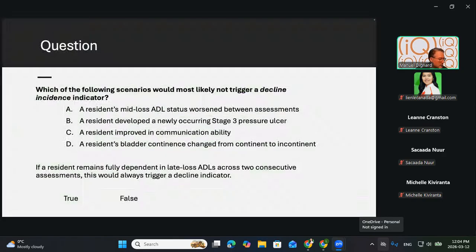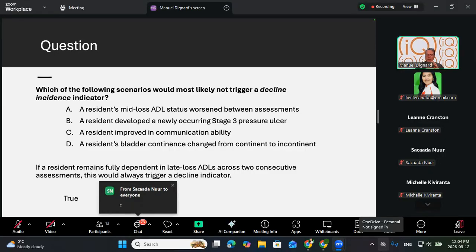All right, couple of quick questions. Which of the following scenarios would most likely not trigger a decline incidence indicator? Mid-loss ADL worsen, a newly occurring stage 3 ulcer, improved communication ability, continence change from continent to incontinent. And we are correct.